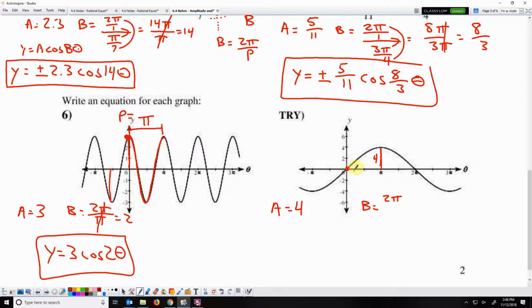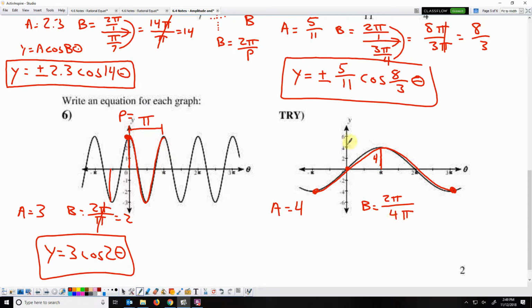If I trace one cycle, I could start here, and it begins to repeat when I get here. So it goes from -pi all the way to 3 pi. So I've got pi on this side, 3 pi on this side. That's a total of 4 pi.